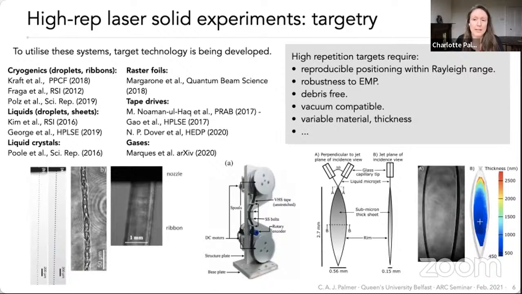There's been a lot of work in the community over recent years developing a wide array of pretty exciting targets that are also compatible with high repetition rate, or Hertz repetition rate. I've posted a small subset here with some references for further exploration. The developments include tape drive style targets that are probably the closest to the traditional foils, and there's an example of one in the middle here.